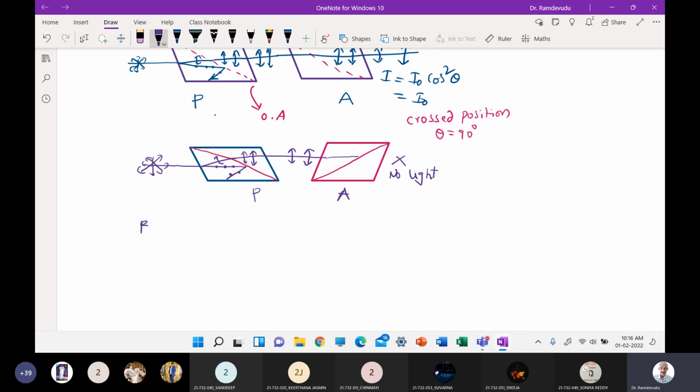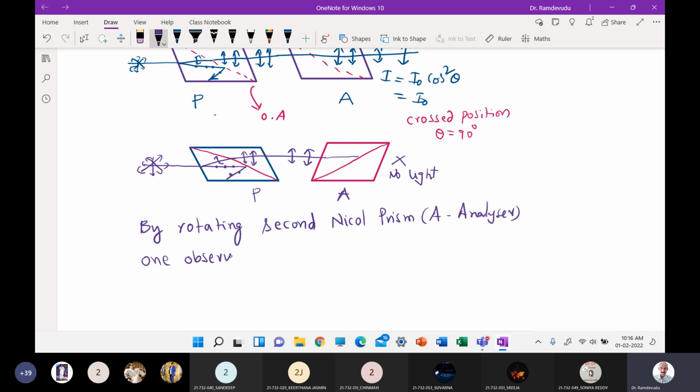Therefore, we say by rotating the second Nicol prism, which we call here the analyzer, one can observe variation in intensity of the transmitted light by the second Nicol.